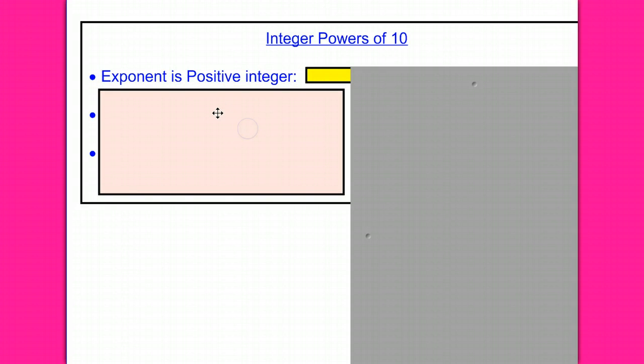So let's take down a rule box for this. Integer powers of 10. In other words, when we take and put an integer as an exponent using the base number 10, what are the possibilities? We can have an exponent that is a positive number. So these would be our whole numbers. That could be written as a rule this way, 10 to the nth, some number that is a positive number.